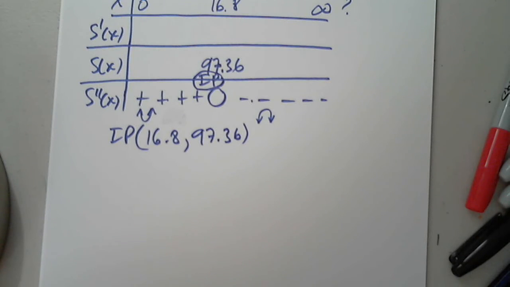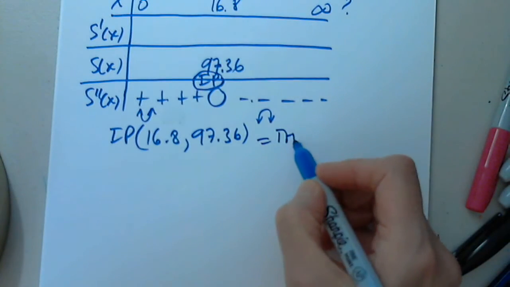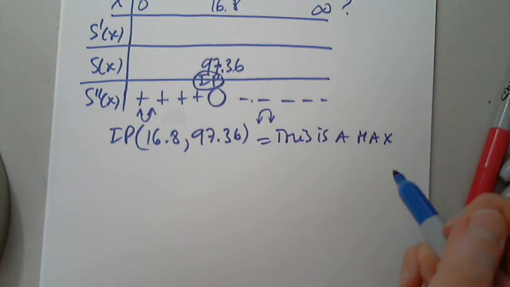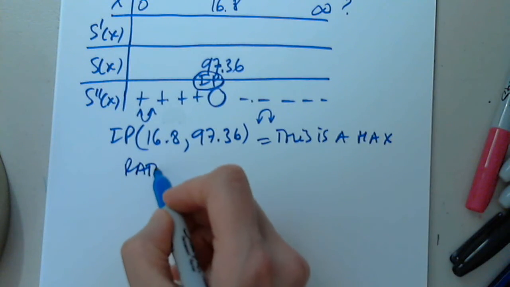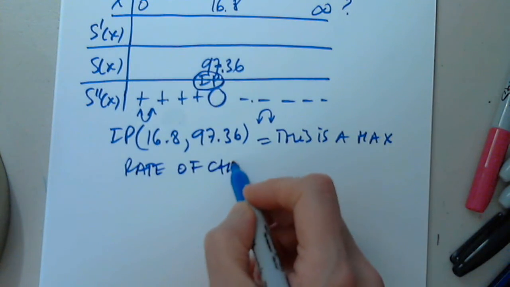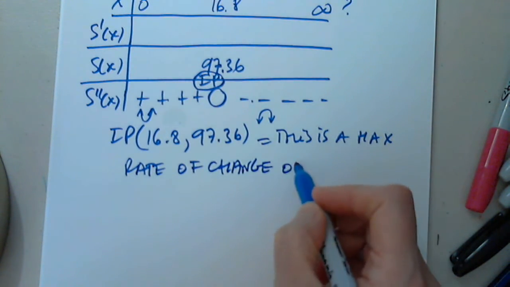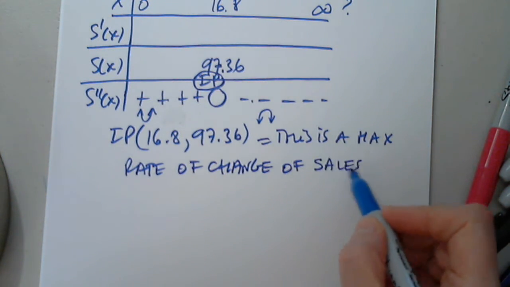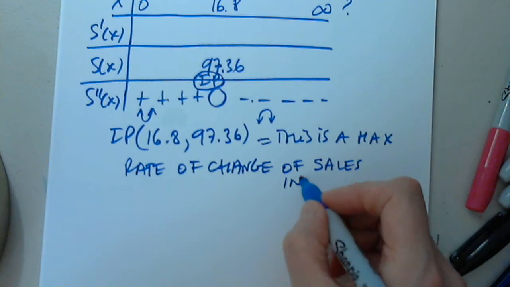What do you think? Is it a max? Exactly. This is a max, or gives a max rate of change of sales.